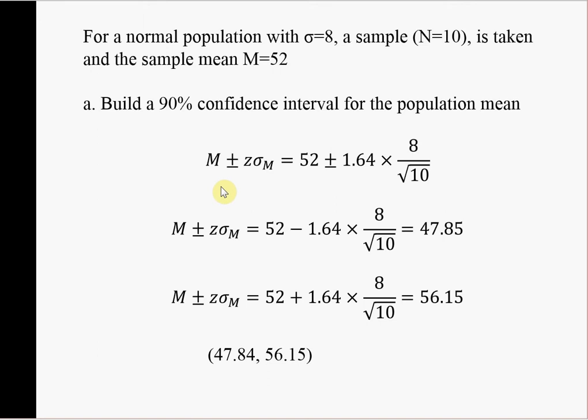Then you complete the calculations. One is minus, which gives us the lower bound. One is plus, which gives us the upper bound, and you express the interval appropriately: lower bound to the left, upper bound to the right. So it's fairly straightforward.